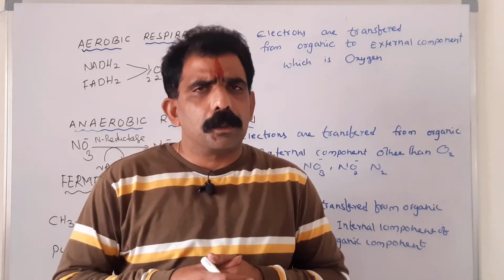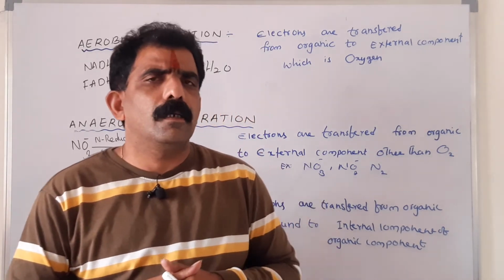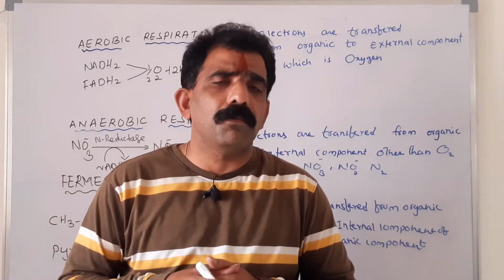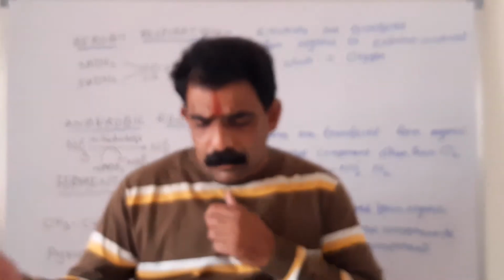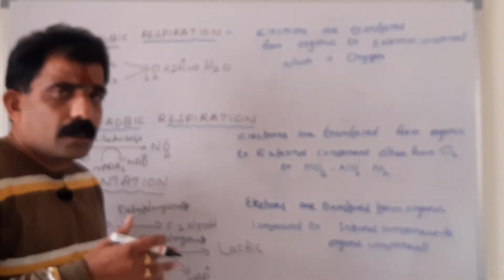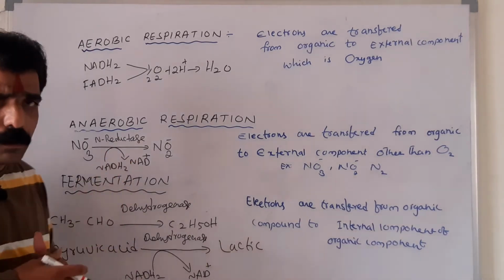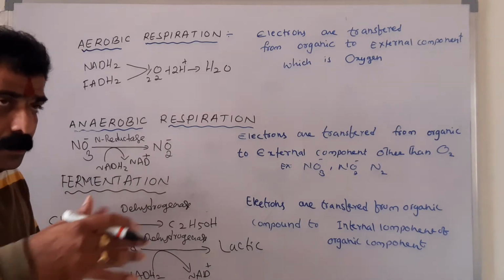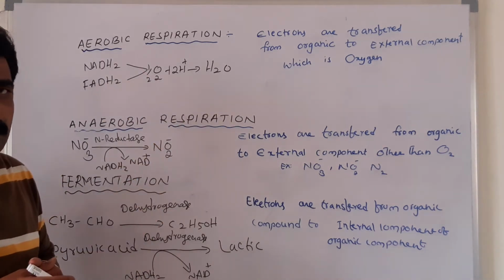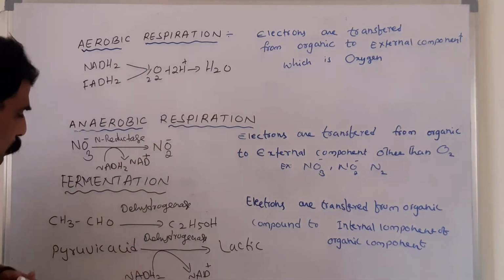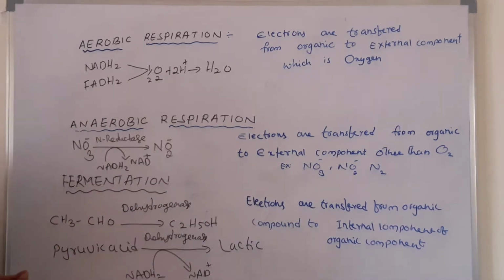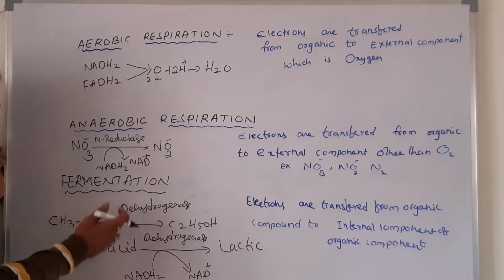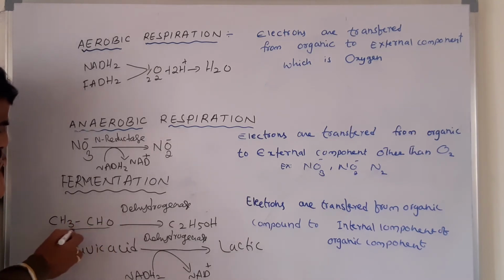In that NADH2 is formed, where glyceraldehyde 3-phosphate undergoes dehydrogenation or oxidation resulting in the formation of 1,3 bisphosphoglyceric acid, and as a byproduct NADH2 results. This means NAD plus receives electrons from that glyceraldehyde 3-phosphate and gets reduced to NADH2. Now in fermentation, that NADH2 donates the electrons to pyruvic acid.